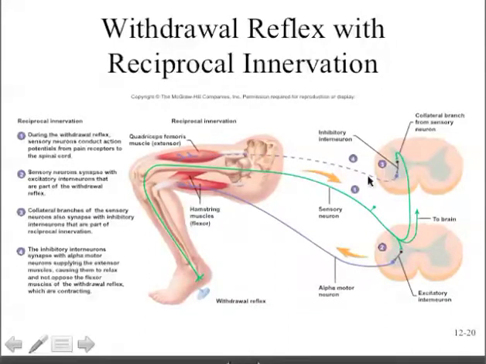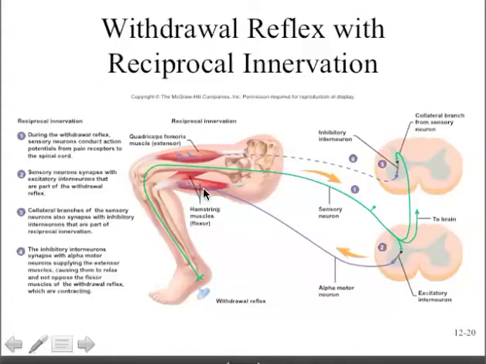So we're cutting off innervation to this muscle group at the same time that we're producing innervation to this muscle group. If both muscle groups contracted at the same time, the net effect would be virtually no movement. Okay, so that's our reciprocal innervation.